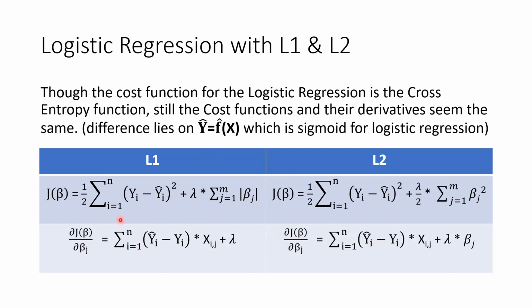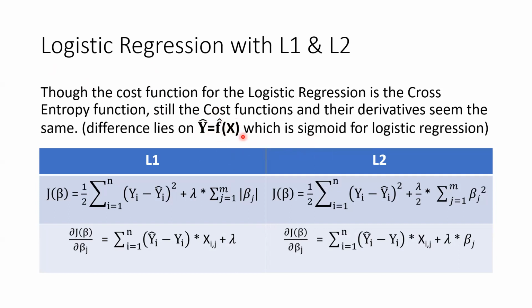The J beta cost function for L1 and L2 are the same, and the derivatives are the same, but what is different is that y hat equals f hat of x, the activation function or link function, which is different.